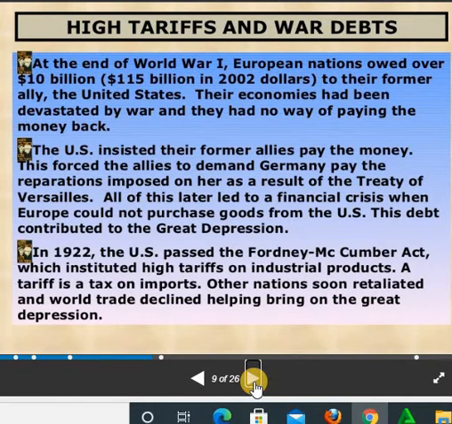So these other nations now retaliated by also imposing high tariffs on goods coming from America trying to enter their countries. And at the end of the day, this resulted in the decline of trade.